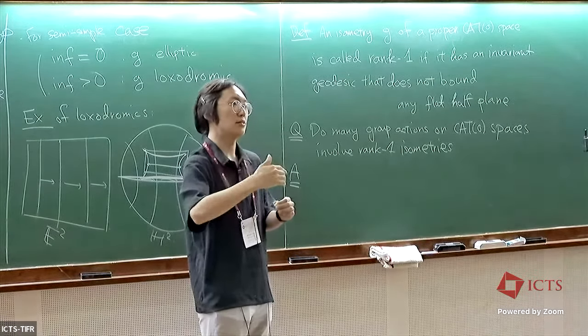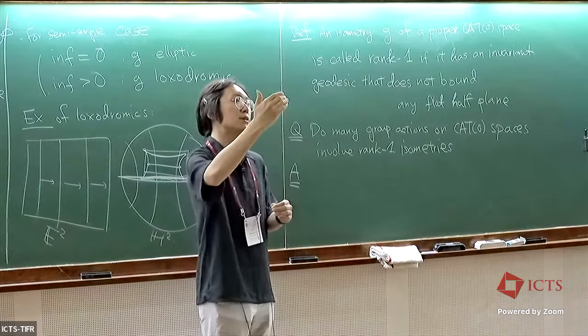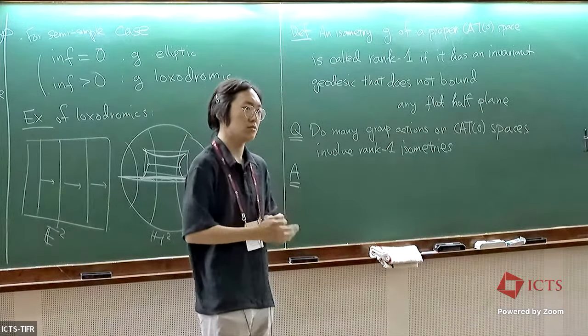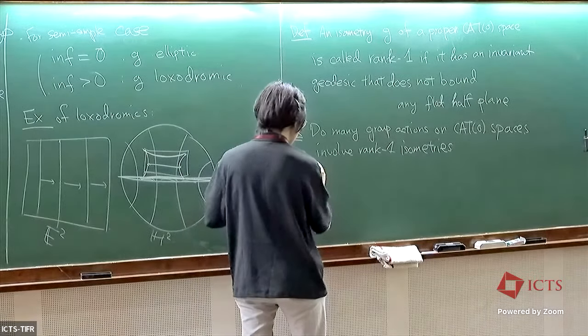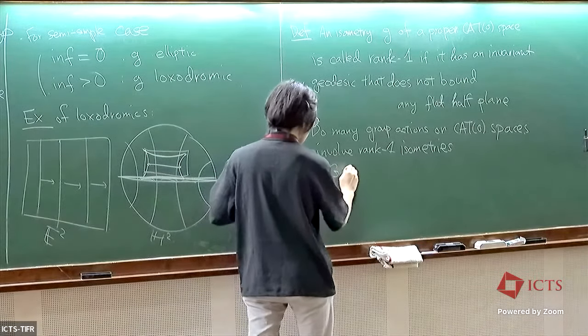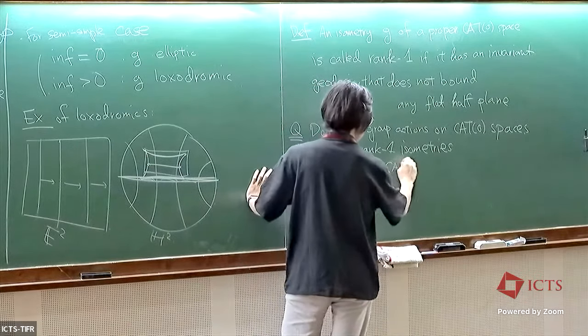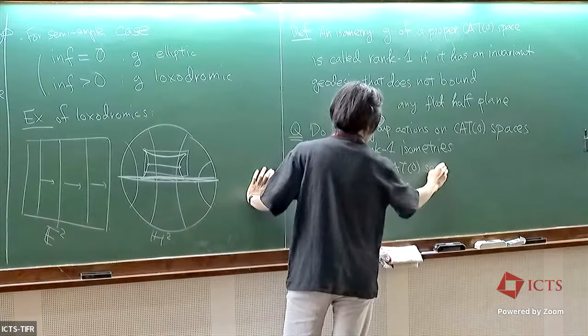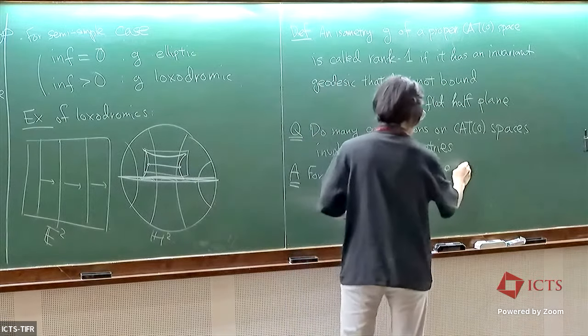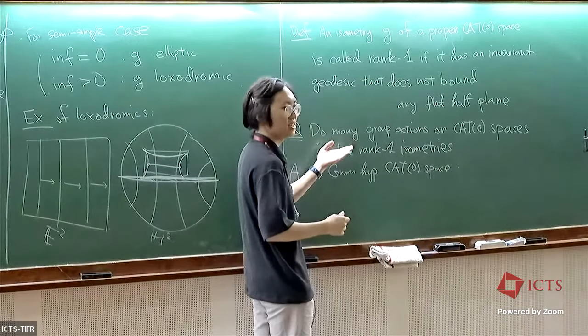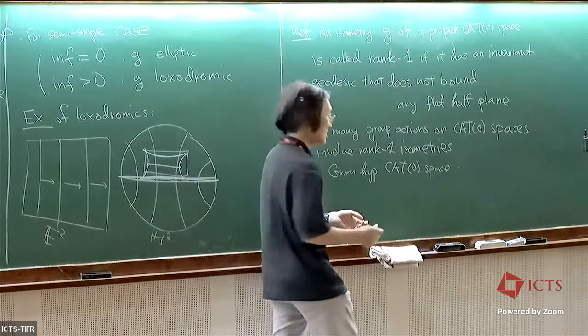If your CAT(0) space is delta hyperbolic and you have a loxodromic, that's rank 1. So for Gromov hyperbolic CAT(0) spaces, it depends on the way you define many, but to me, it's many, so yes.